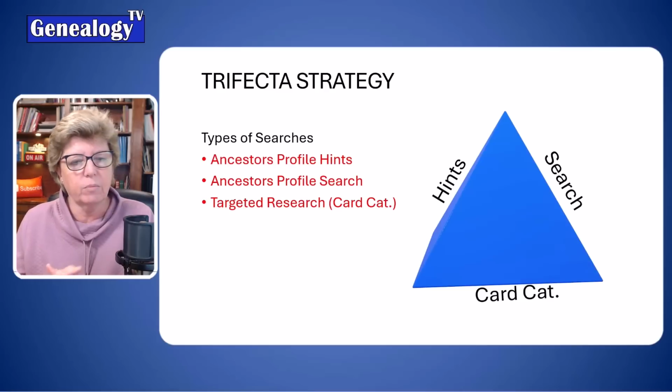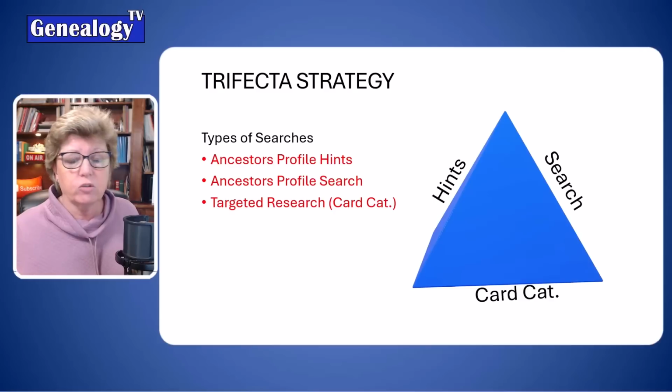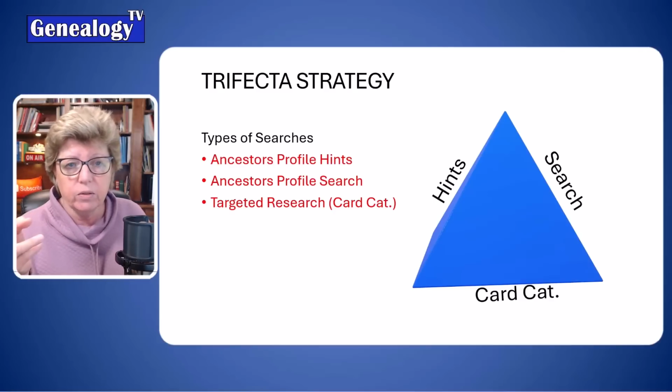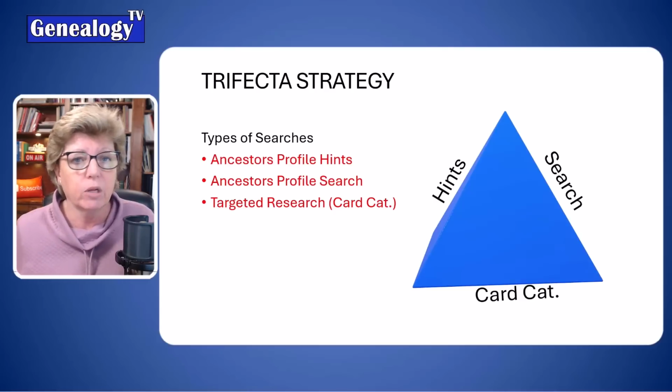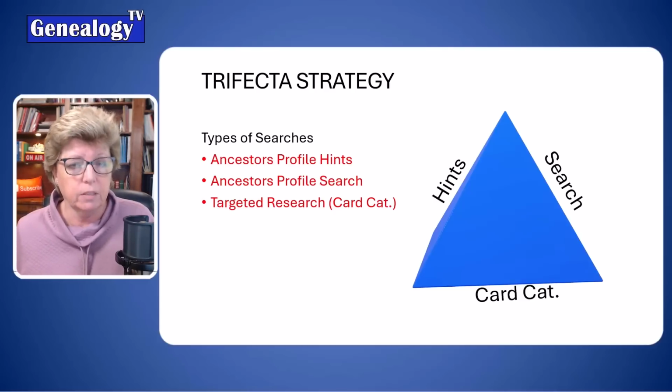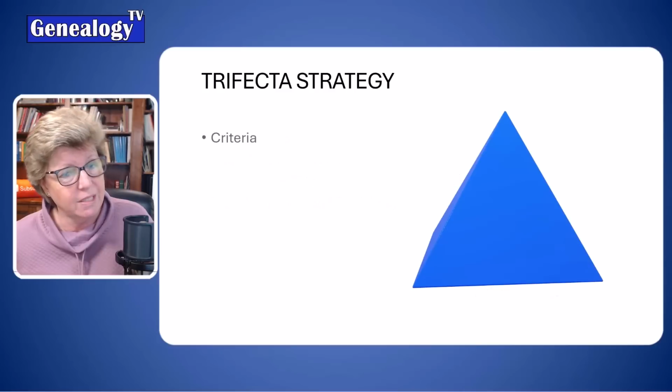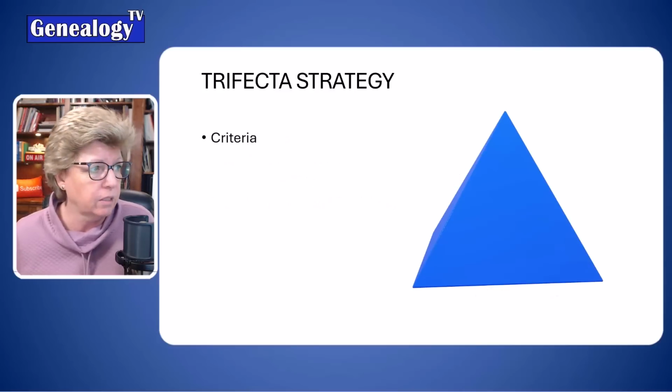So using that example of trying to find somebody in the 1840 census, if I'm striking out from the hints and from the search from the ancestor profile, I am now going to go to Ancestry's card catalog and specifically search census records, specifically in the location, specifically for 1840, and I'm going to peruse those records hoping to find my ancestor. If he's not there, he might be in a neighboring county, so keep that in mind.